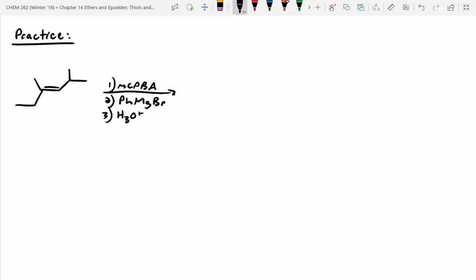I'll get us started with kind of the same skeleton that we had before. We know step 1 we're going to make an epoxide, but we need to fill in our substituents. And then step 2, we're going to treat this with phenyl magnesium bromide.